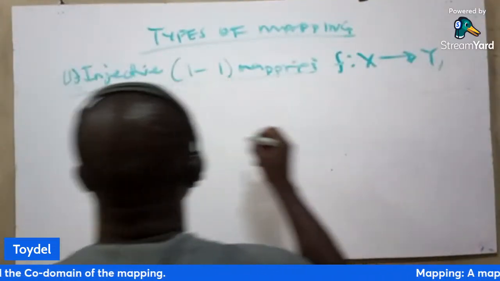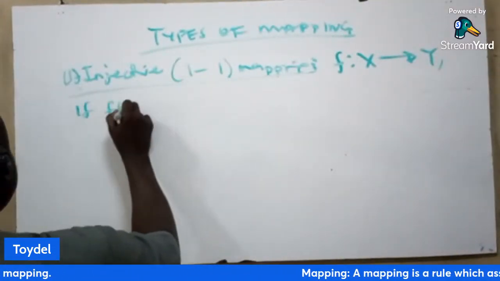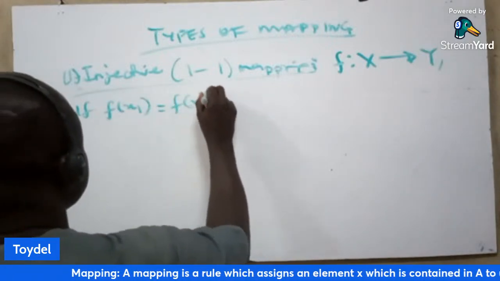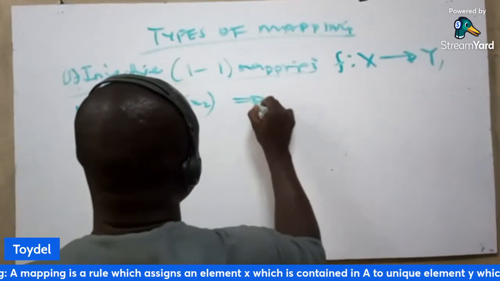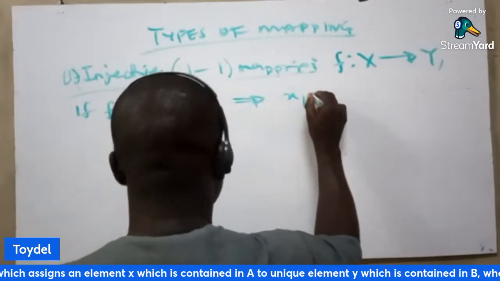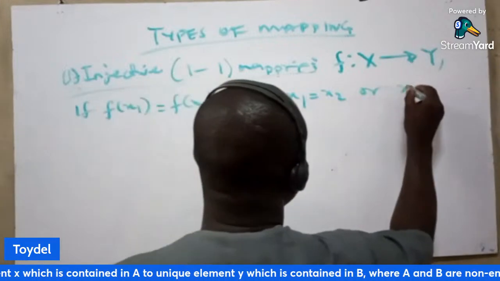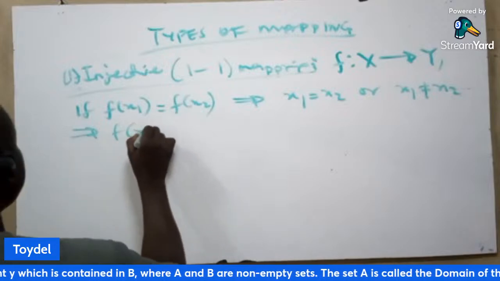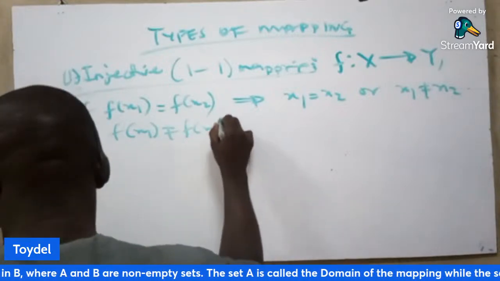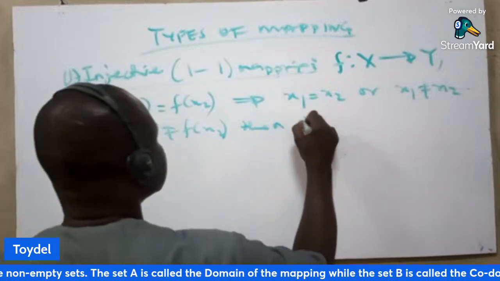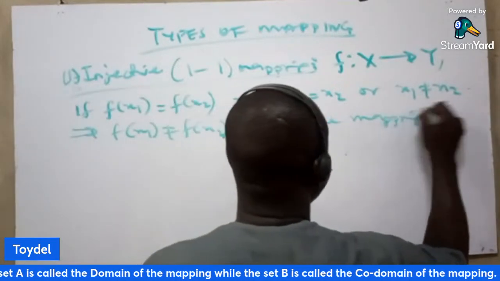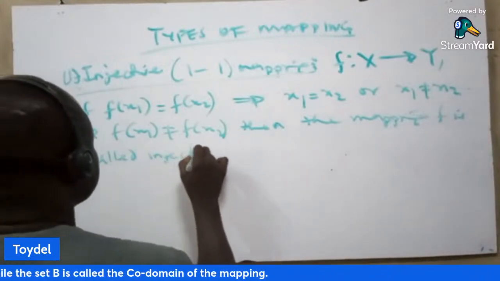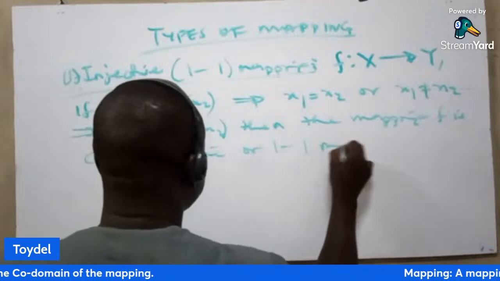If you are given this, and if f of, let's say, x1, the first image, is the same thing as f of x2, which implies that x1 is equal to x2, or when x1 is not equal to x2, then this implies that f of x1 is not equal to f of x2, then the mapping f is called injective or one-to-one mapping.